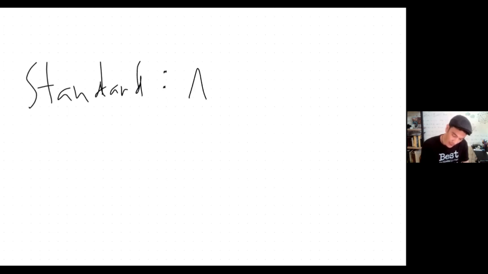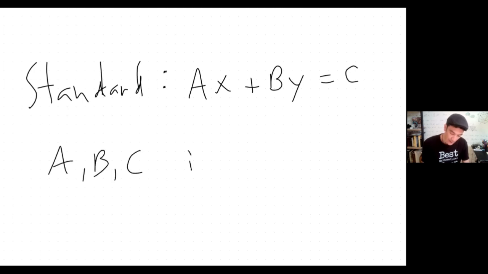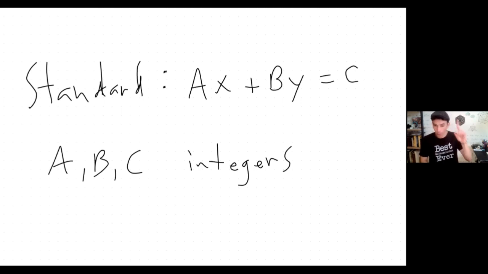Ax plus By equals C. And here we prefer that A, B, and C are integers. So you have four formulas. One, your slope formula, and then you have three different versions of lines. Let's do examples with each of these four formulas, and that'll be it for today.